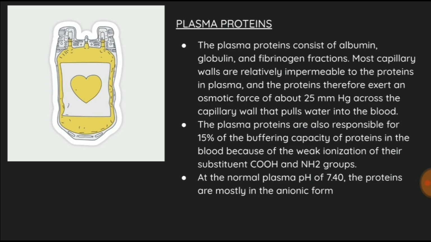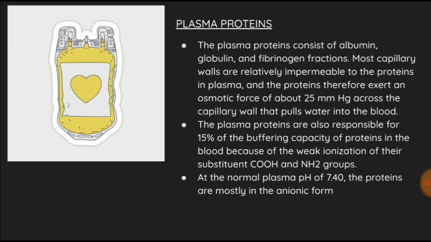The proteins present are impermeable to the capillary wall. Most capillary walls are relatively impermeable to proteins in the plasma, and the proteins therefore exert an osmotic force of about 25 mmHg across the capillary wall that pulls the water into the blood.